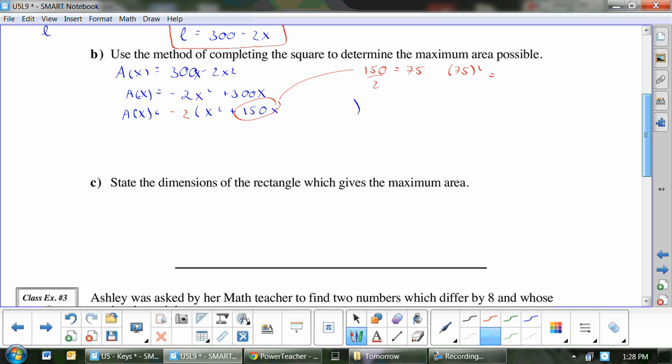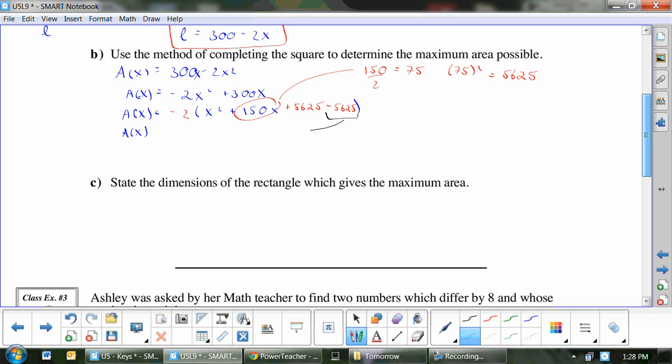75 squared is 5,625. So we get to add that, and we get to subtract that. Okay? Good. And then the next step is we always want to take that minus out of the brackets, right?